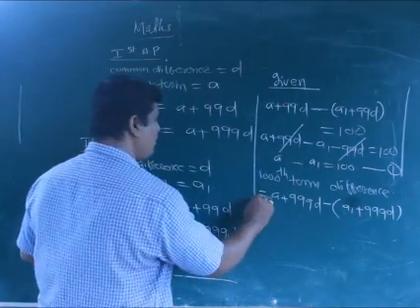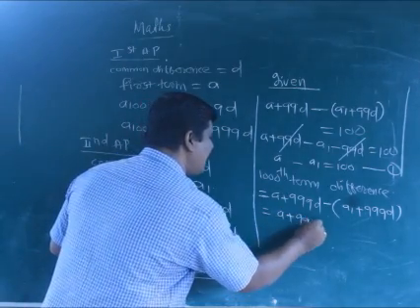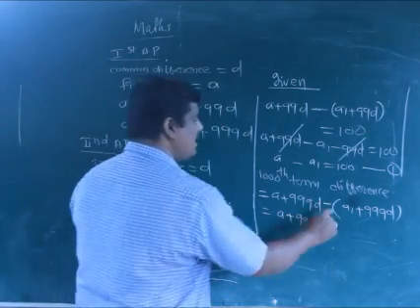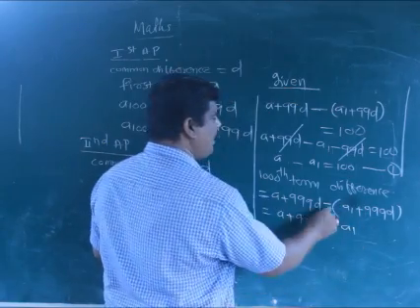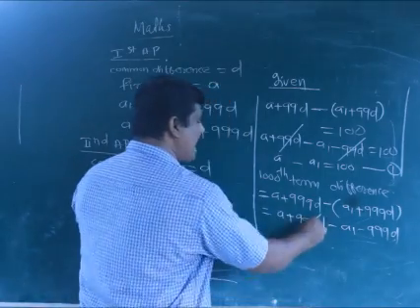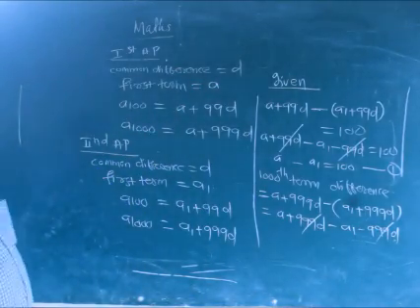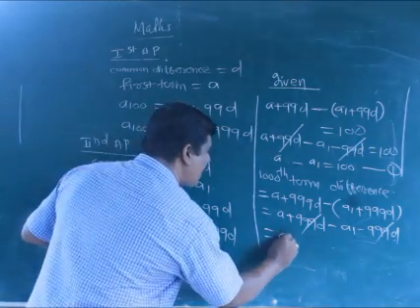That is equal to A plus 999D minus A1 minus 999D. Plus 999D and minus 999D cancel. The balance is A minus A1.